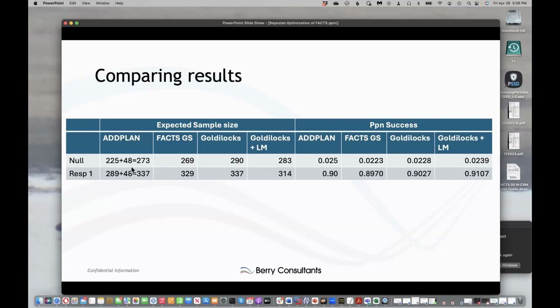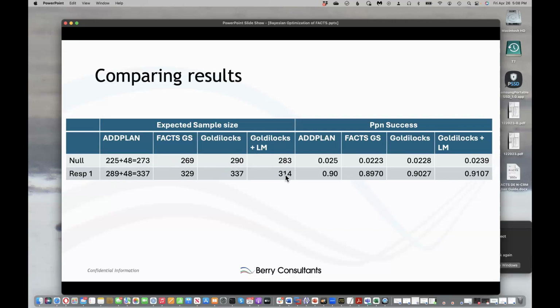While we haven't reduced the sample size under the null quite back to the levels we had with the group sequential design, we've reduced it compared to the Goldilocks without the longitudinal model, but not so much. But for the alternative, we have. So we've now got a lower expected sample size.